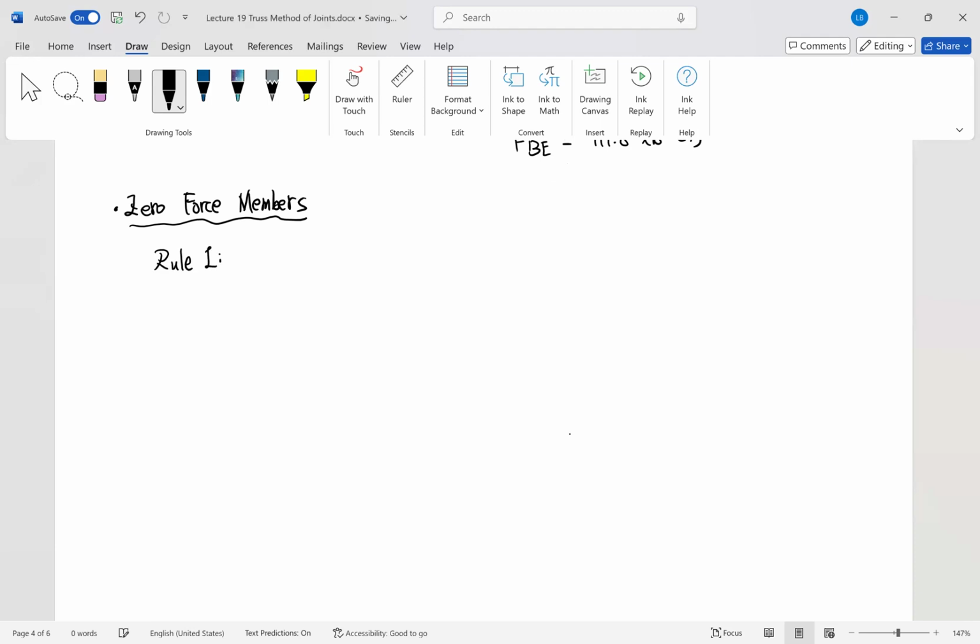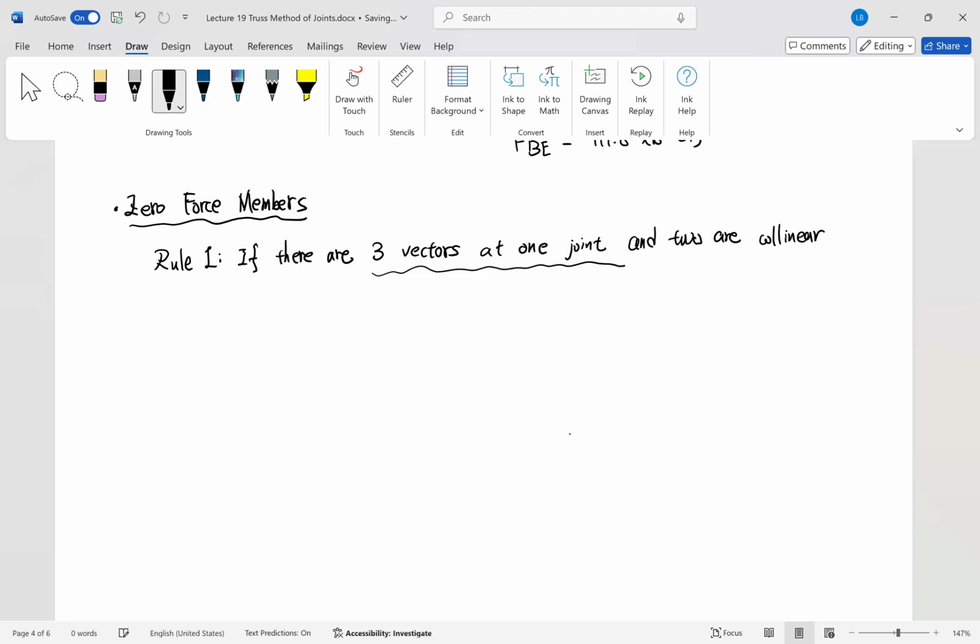So the first rule is that if there are three vectors at one joint and two are collinear, then the third is a zero force member.